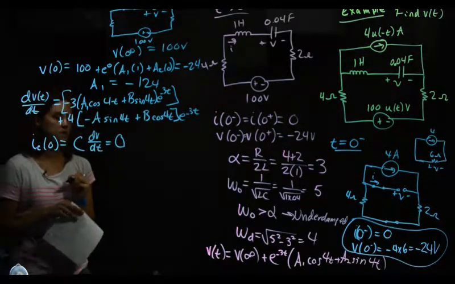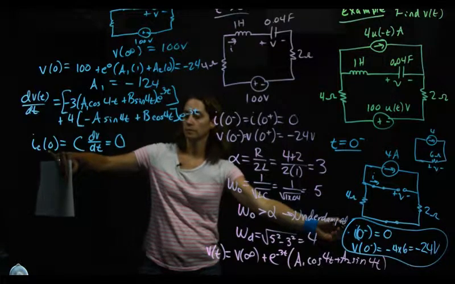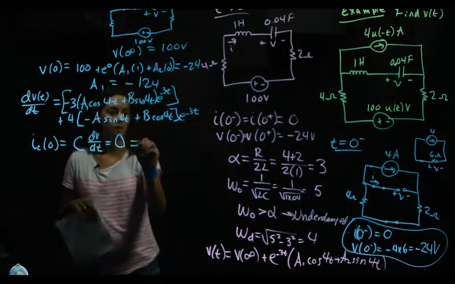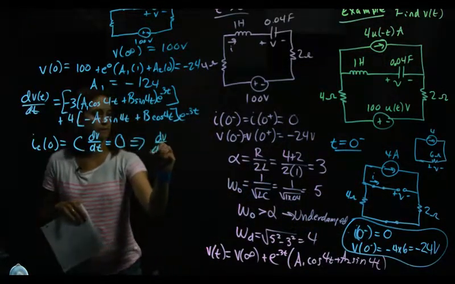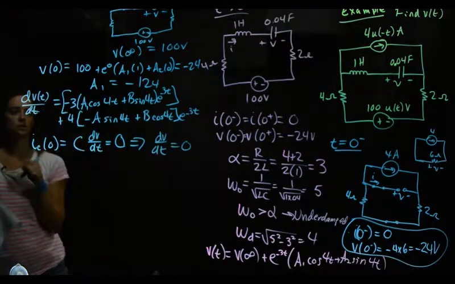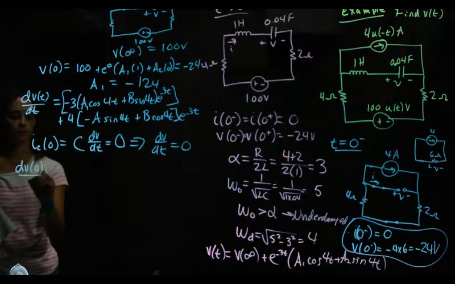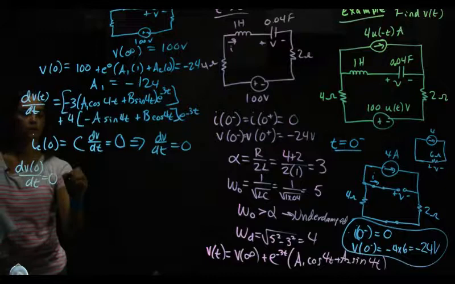So that's equal to 0 because this initial condition is 0. That means that my dV dt is 0. So this whole thing up here is equal to 0. So dV of 0 by dt equals 0.